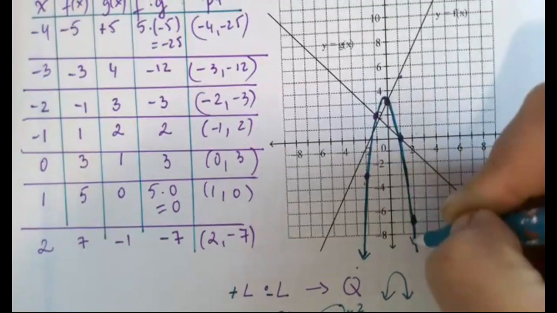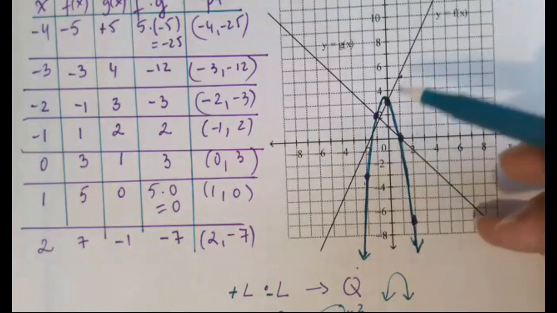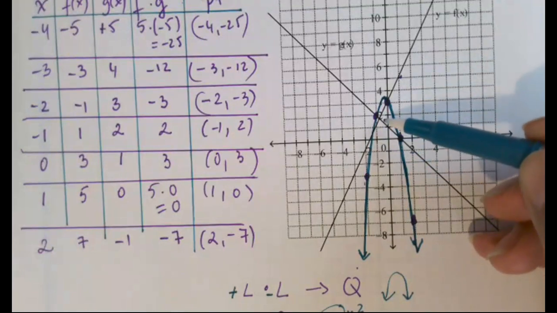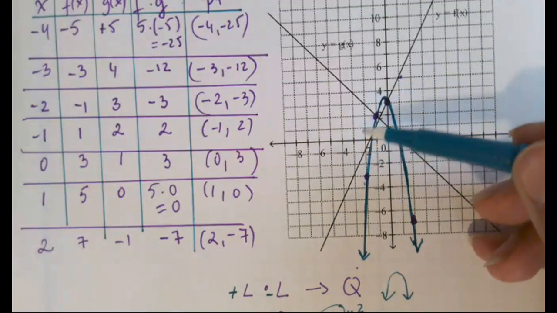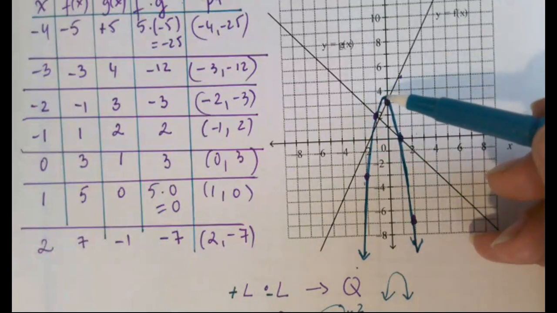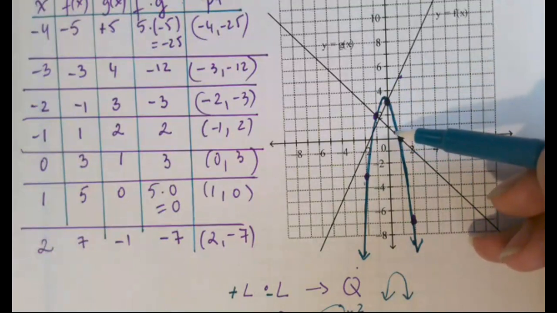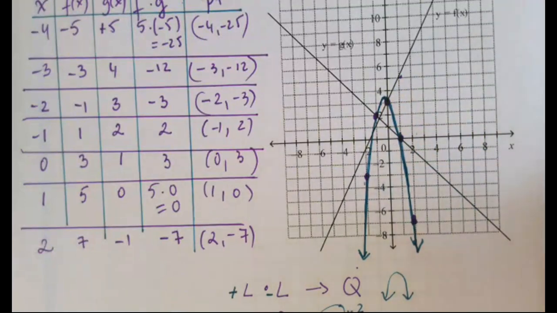The more points you get, the better the drawing of your sketch will be. So you can see I went from point to point that was in the corner of a square. I didn't choose 0.5, for example, because I would have to estimate that. So it's just easier values to work with.